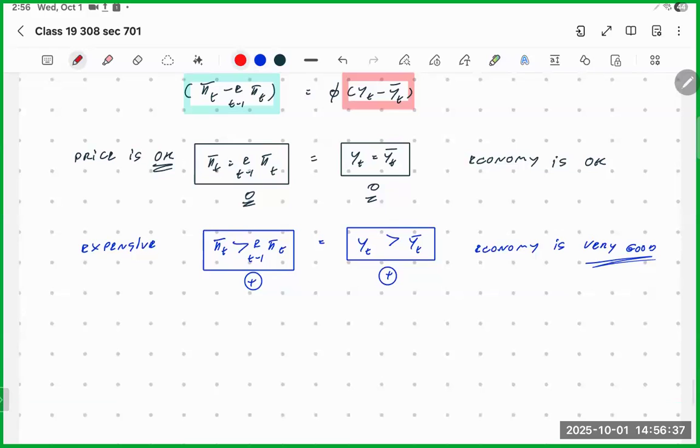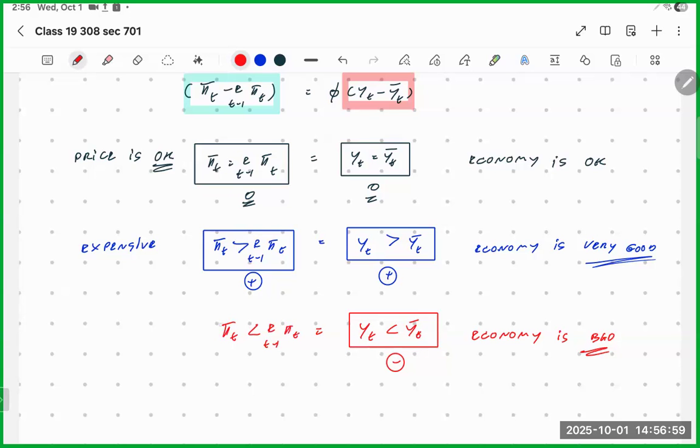On the other hand, if yt less than yt bar, the right hand side is negative. This one means the economy is bad. The right hand side is negative, then the left hand side should be negative too. Then pi t less than expected t minus 1 pi t.